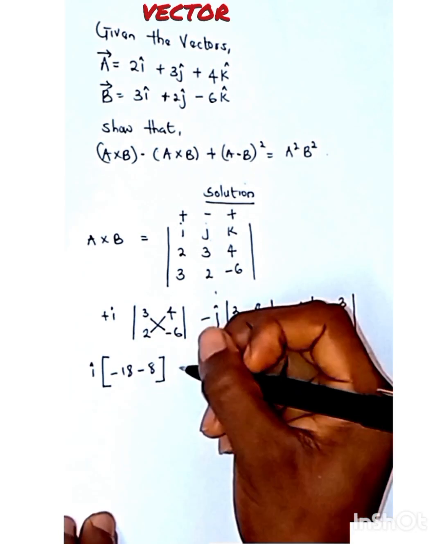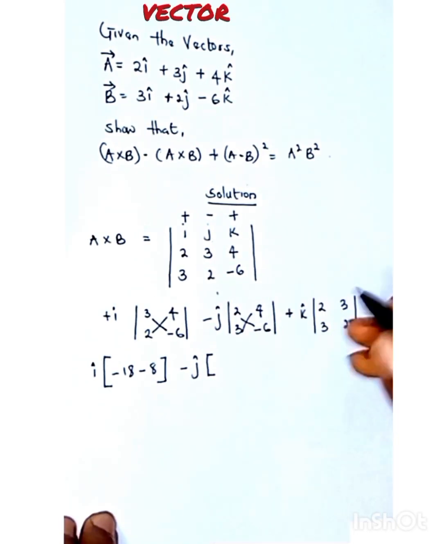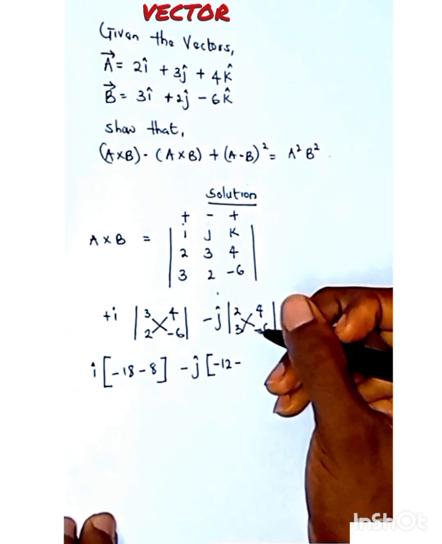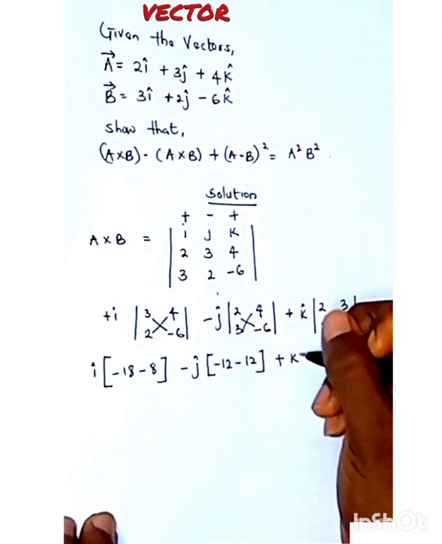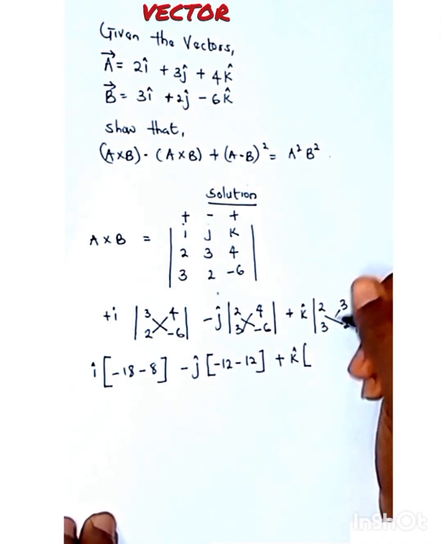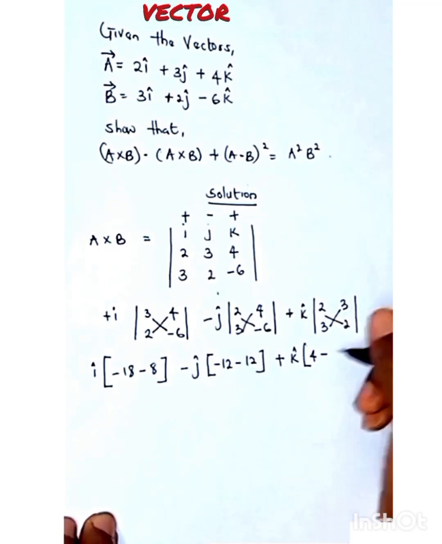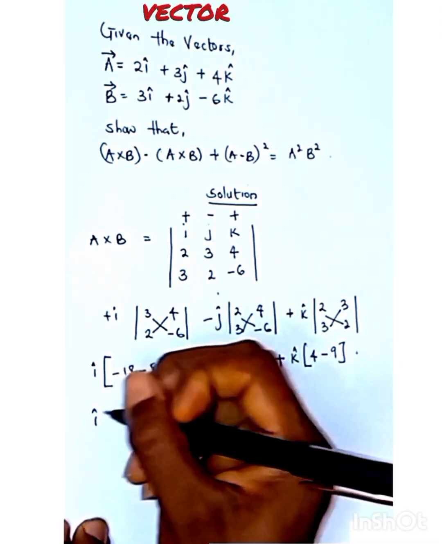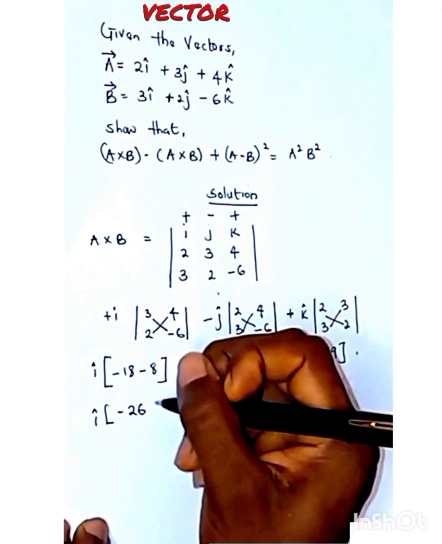Then for the j, minus j, we have 2 times minus 6 is minus 12, minus 3 times 4 is 12. Then next, plus k, we also take the determinant, which is 2 times 2, 4, minus 3 times 3, 9. Alright, so we now multiply this. This is i times minus 18 minus 8, which is minus 26.